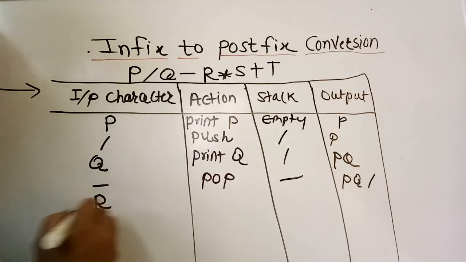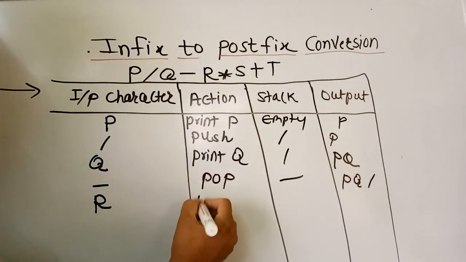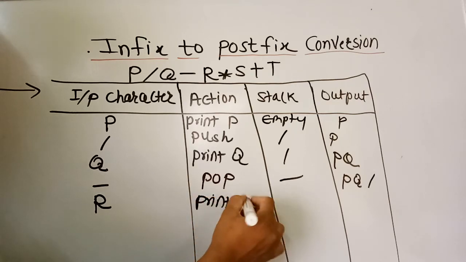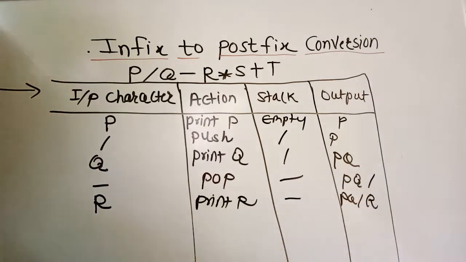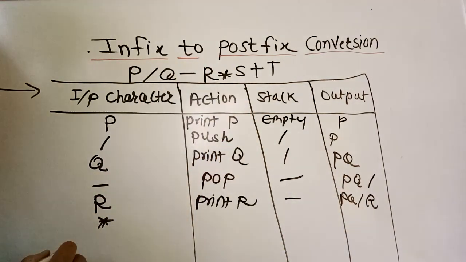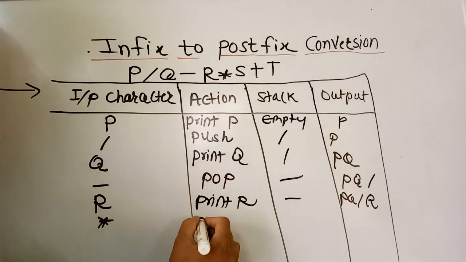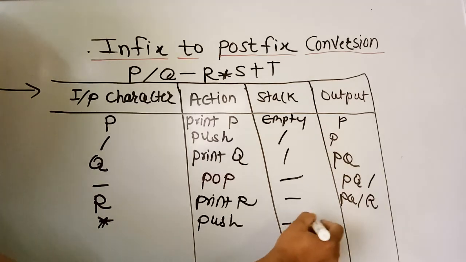Now what is next? That is R. R is an operand, so it goes to the output device. So it will be PQ divide R. Then the star will come. Star is an operator, so push it onto the stack. So the stack has minus and star.